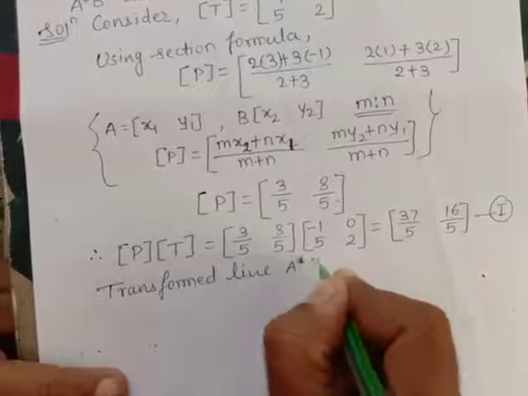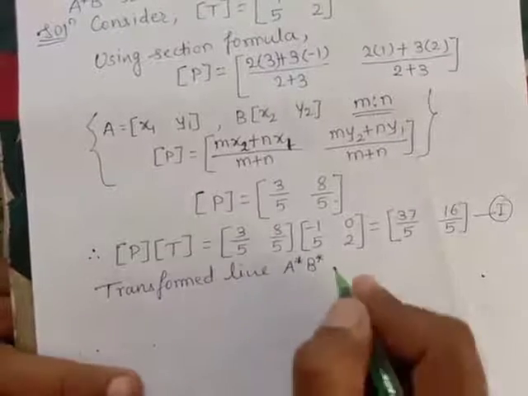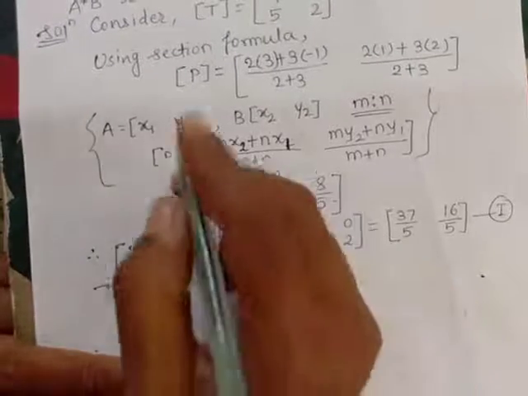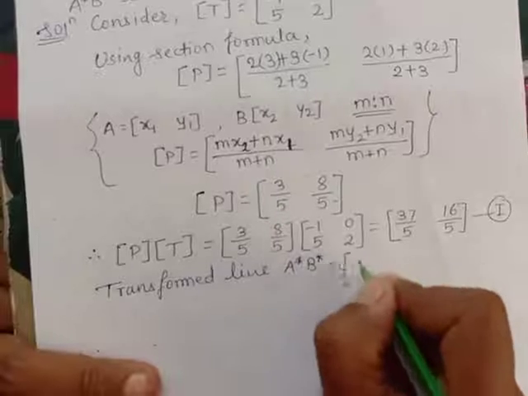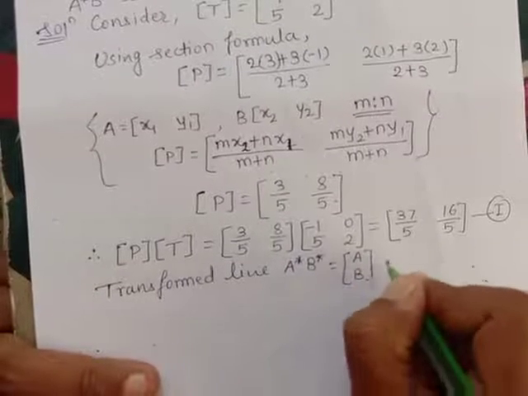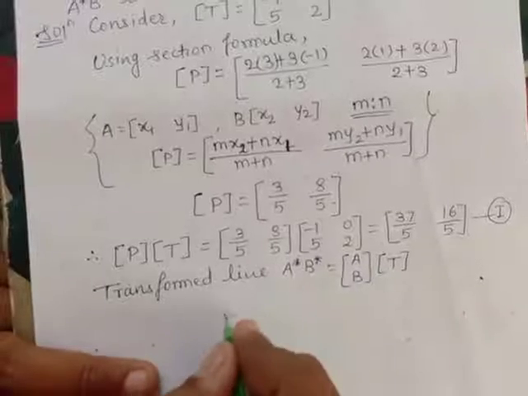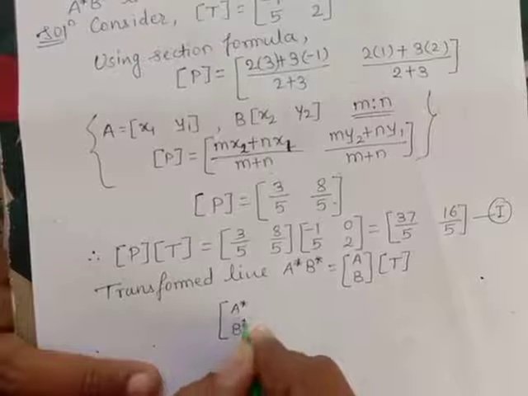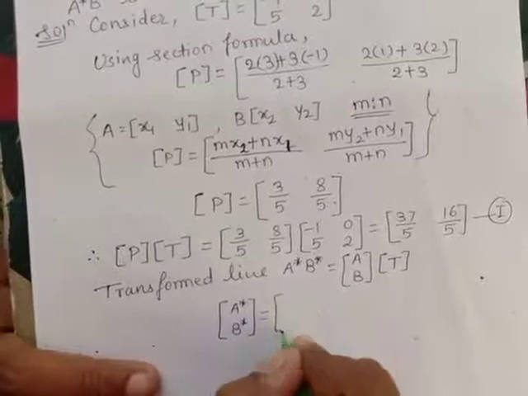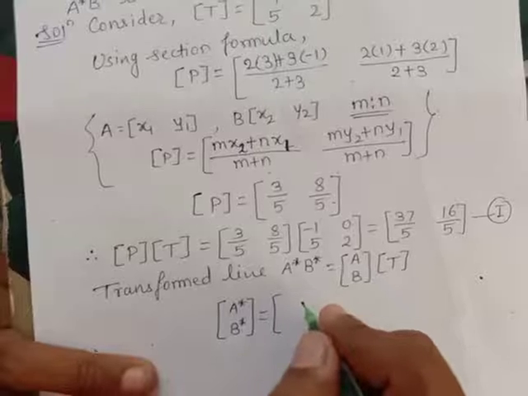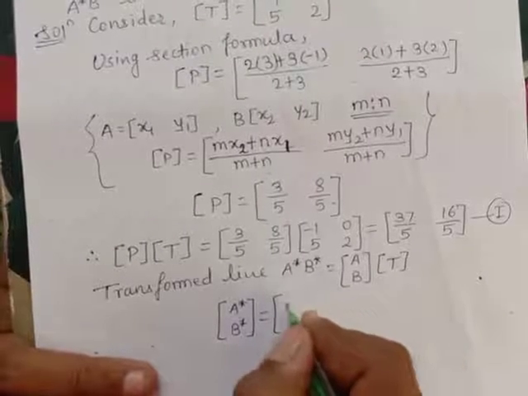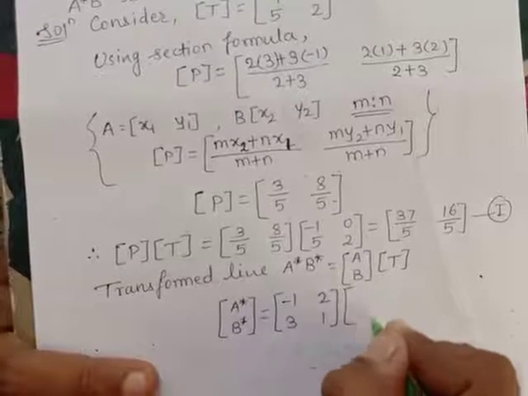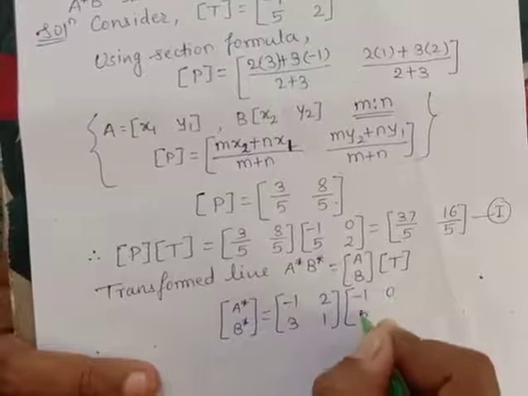A star B star is the product of line AB with T. AB is [-1 2; 3 1] into T [-1 0; 5 2].